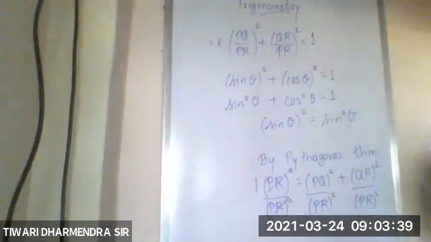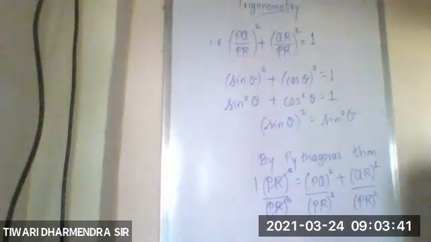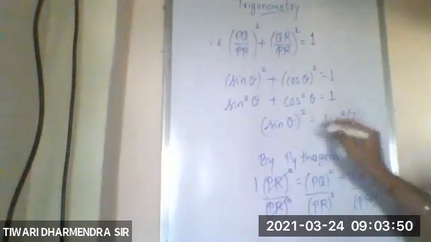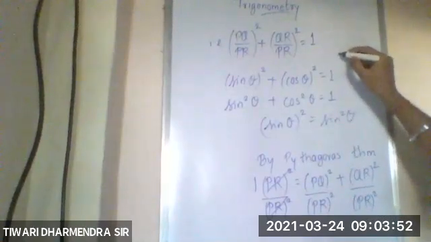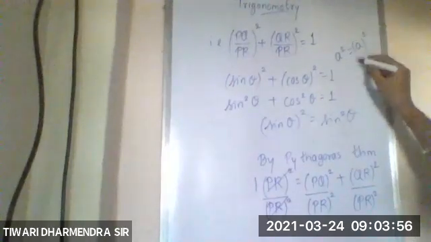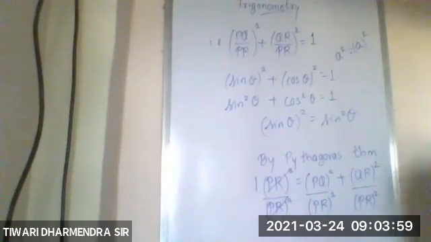Similarly, you can apply it for cos square, meaning we are taking the square of a function. So it means the same, not a big deal. Because this is true, a square is the same as a in bracket square. This is actually the rule of square. You can apply it on a function.